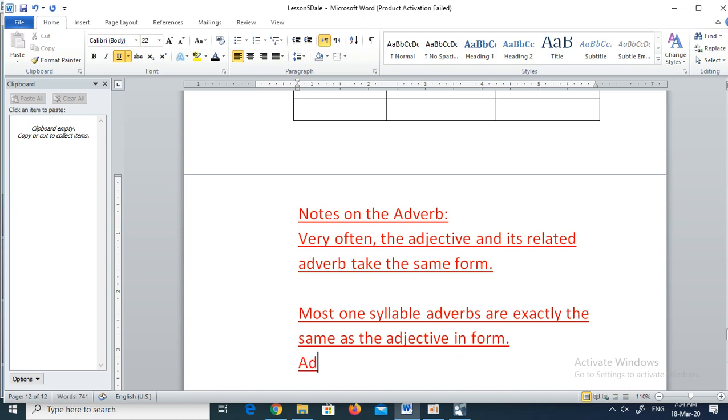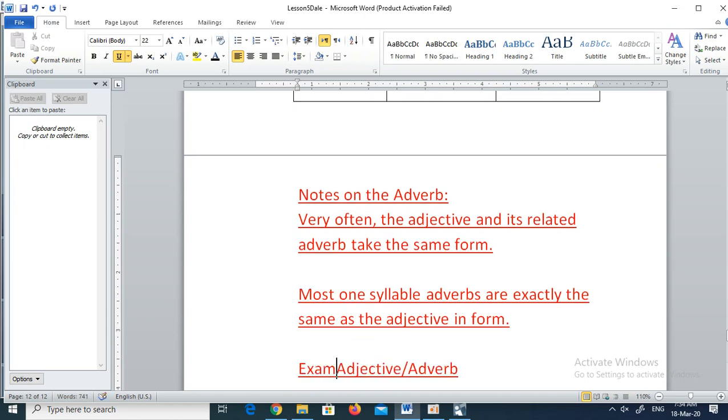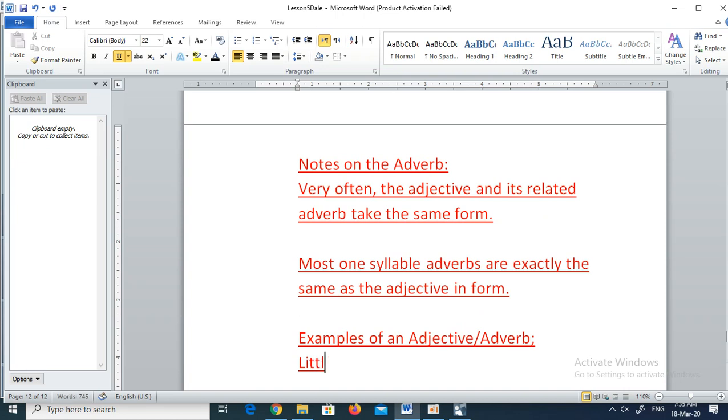So all of these words, and there are many others, can be used either as an adverb or as an adjective.